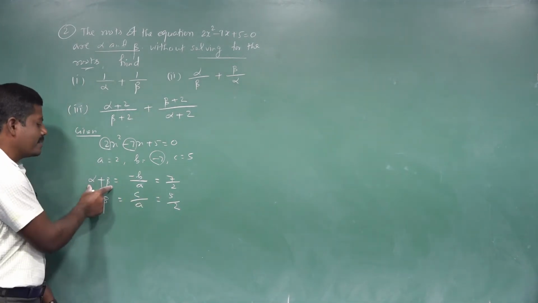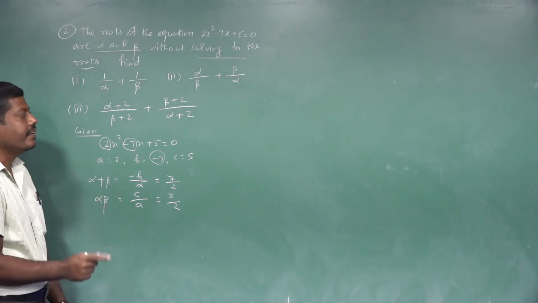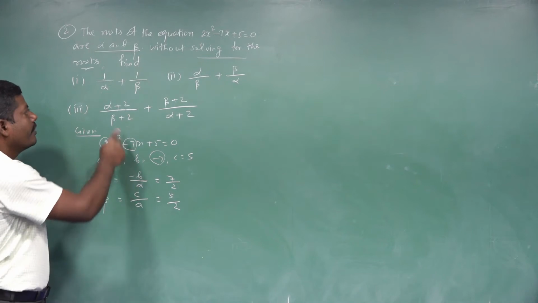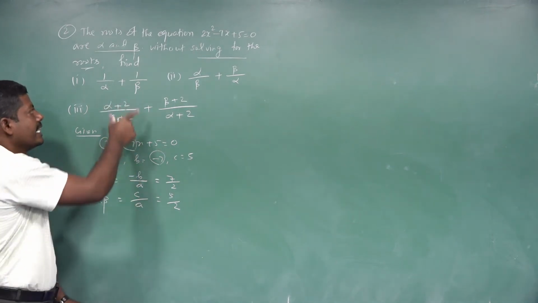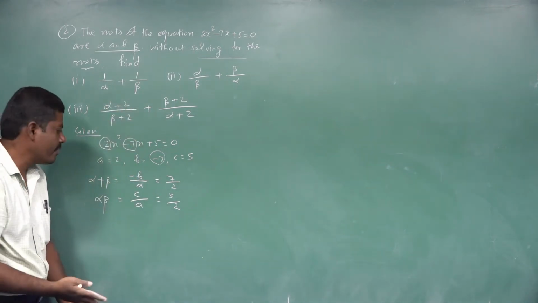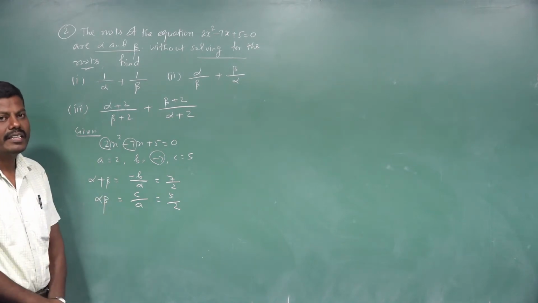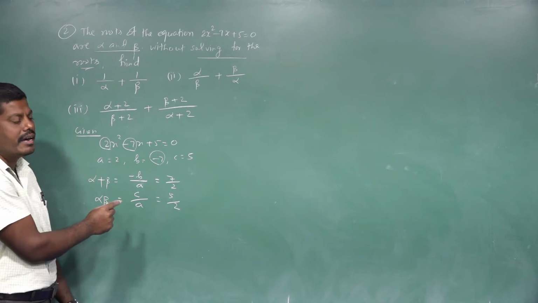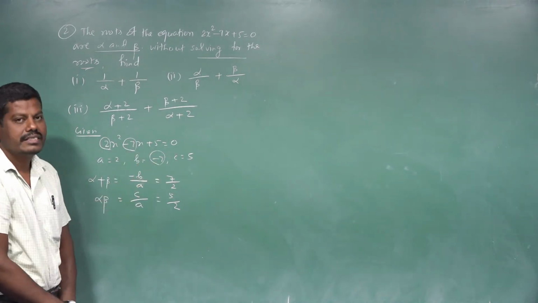Using this alpha plus beta and alpha beta, we want to find the answers for these three questions. Understand? So now we want to convert this expression into the form of alpha plus beta and alpha beta. Then only can we substitute the alpha plus beta value and alpha beta value in that question. Understand?